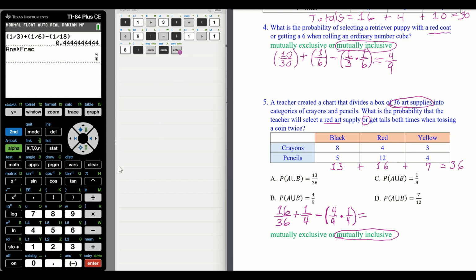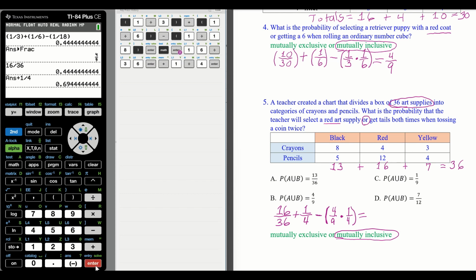Okay, so let's say 16 divided by 36. I'm going to push enter. Then I'm going to add my 1 divided by 4. Push enter again. Now I'm going to subtract my repeating situation.